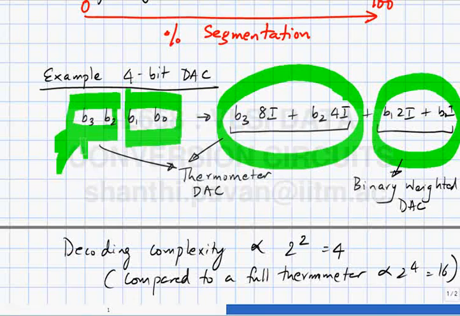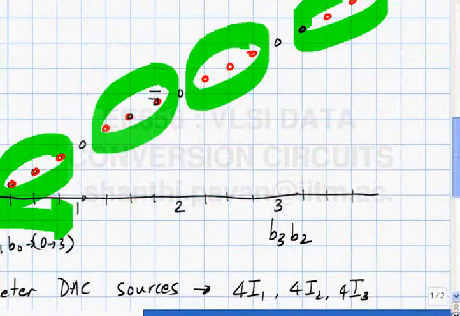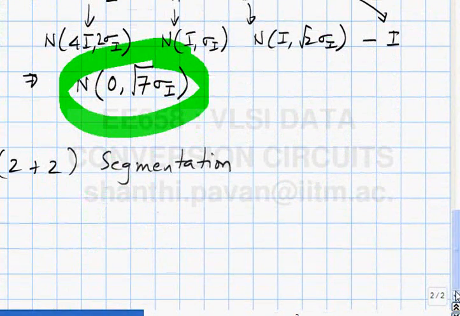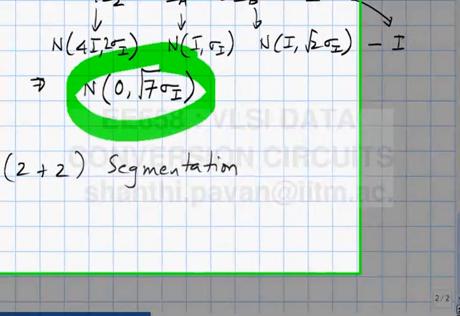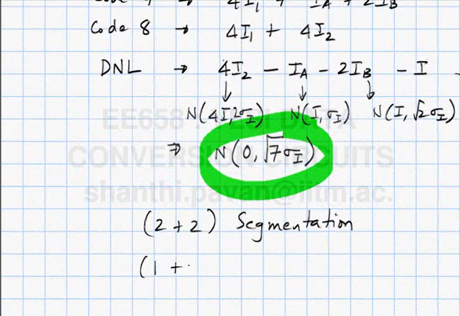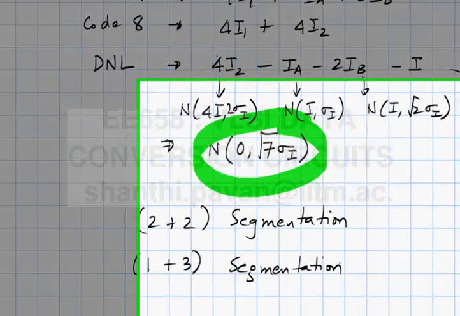Is that clear? Okay. Now that we have ironed that out, another alternative way of segmenting it could be 1+3 segmentation. Any comments on this one?